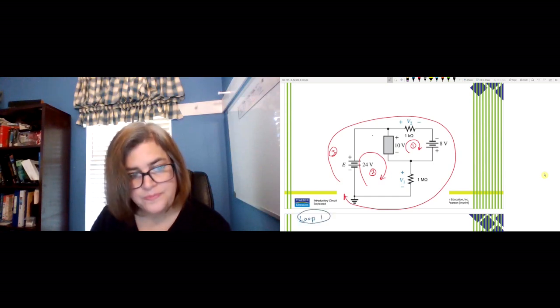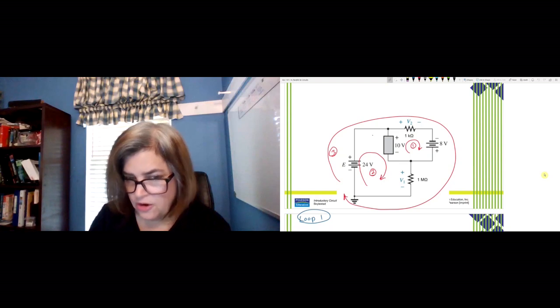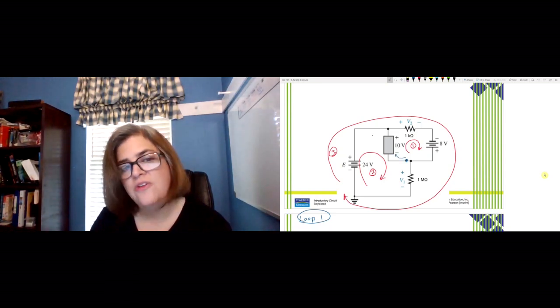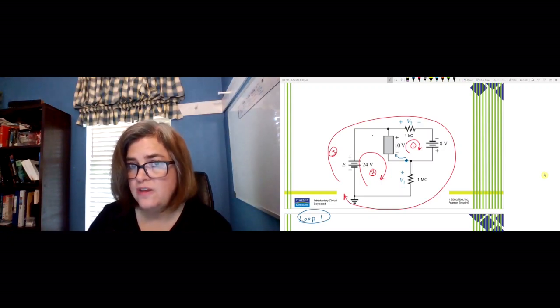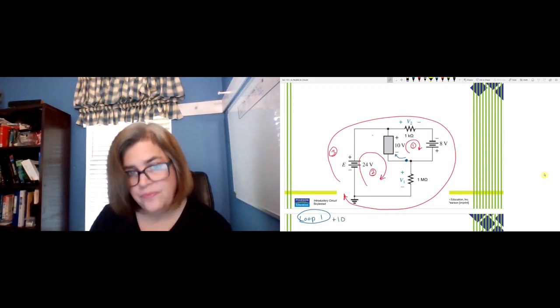Okay, so loop 1, if I'm going to write my equation, I'm going to start here, and I'm just going to go until I encounter my first voltage rise or drop. Now this is a voltage rise because in the clockwise direction we're going from minus to plus. That means something is increasing. So I'm going to add that.